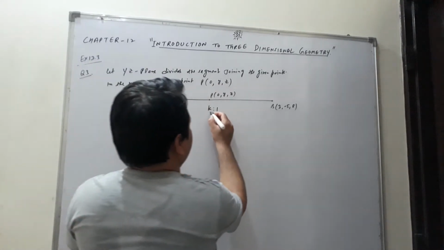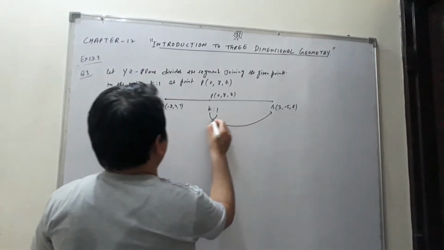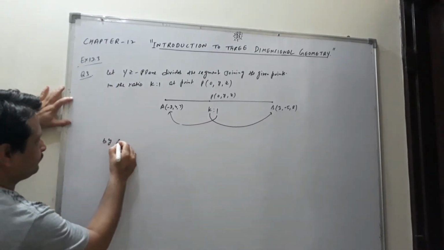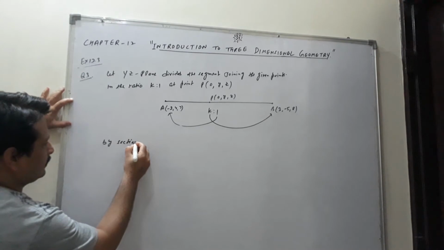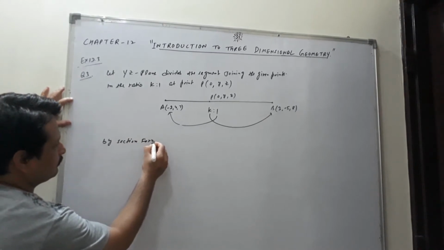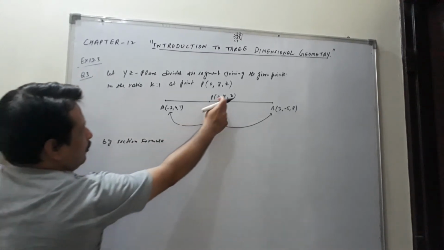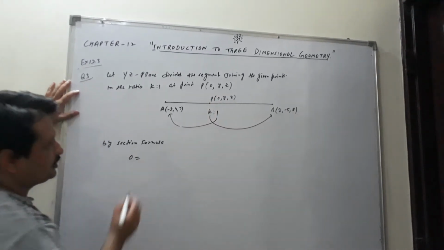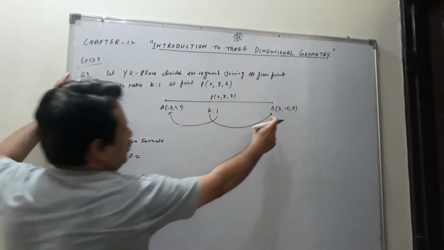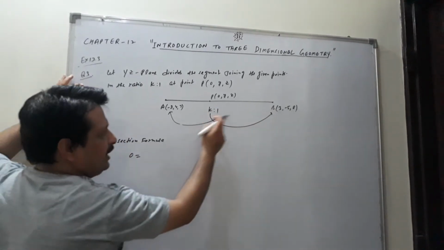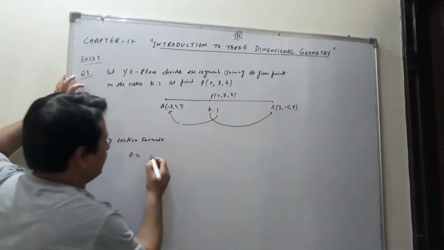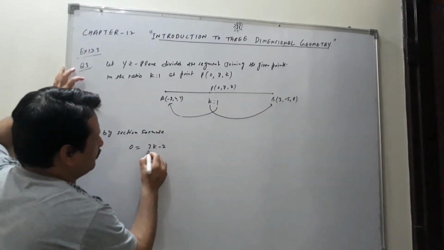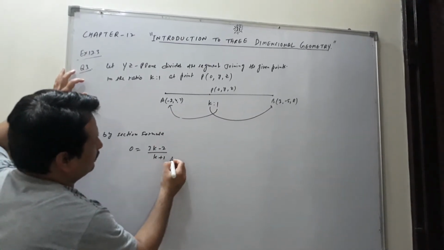So here again, students, we will use the section formula. So we will say that by section formula, what you will say? Here this x coordinate is 0, then, students, this 0 is equal to, what you will say? 3 into k. Directly I am going to write now. It will come as 3k, this 1 is multiplied by minus 2 upon k plus 1.